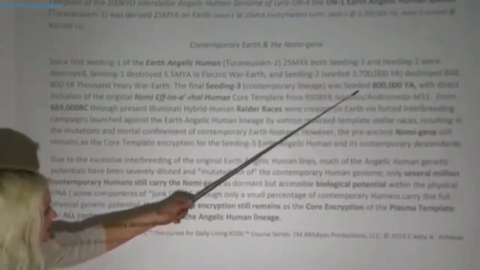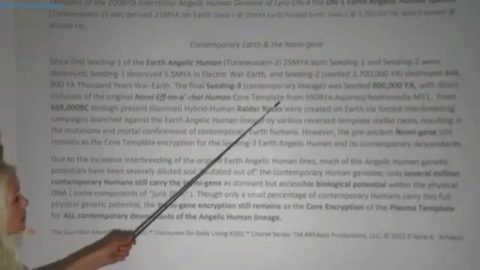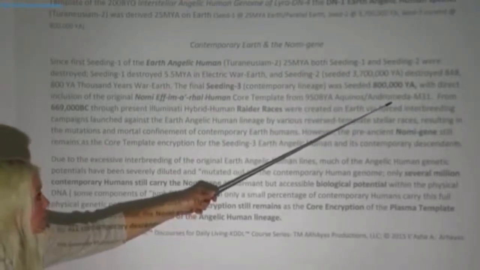The final seeding 3, the contemporary lineage, was seeded 800,000 years ago with direct inclusion of the original NOMI ephemeral human core template from 950 billion years ago, Aquinas Andromeda M31.